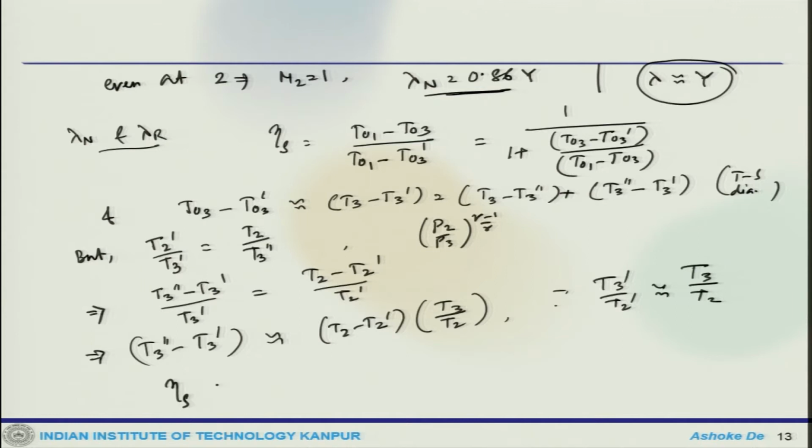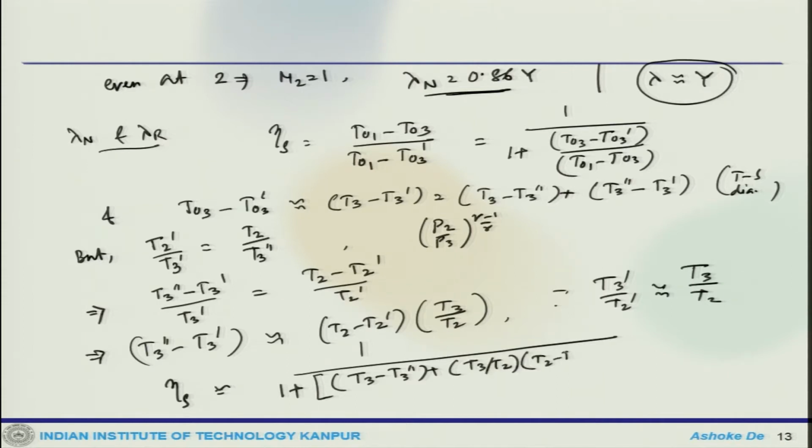We will write eta s is 1 by 1 plus T 3 minus T 3 double prime plus T 3 by T 2 times T 2 minus T 2 prime, divided by T naught 1 minus T naught 3.